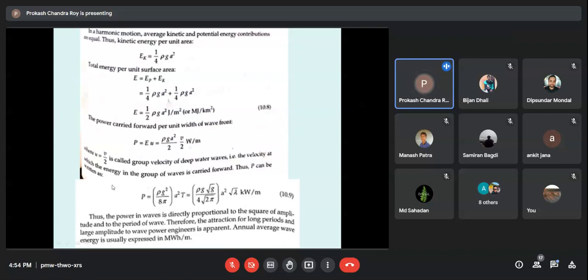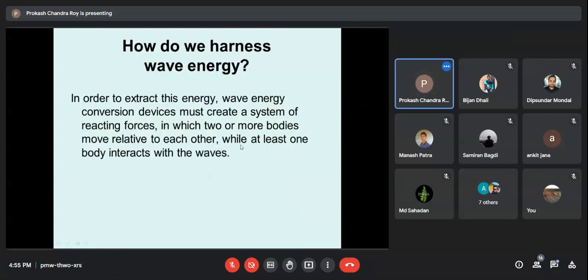So these relations can be utilized to estimate the power available for a particular site. But when you are thinking about the conversion, obviously that conversion will be less compared to this. And not only that, you have a lot of limitations and some uncertainties. So this is basically a relation that gives some idea about the potential.